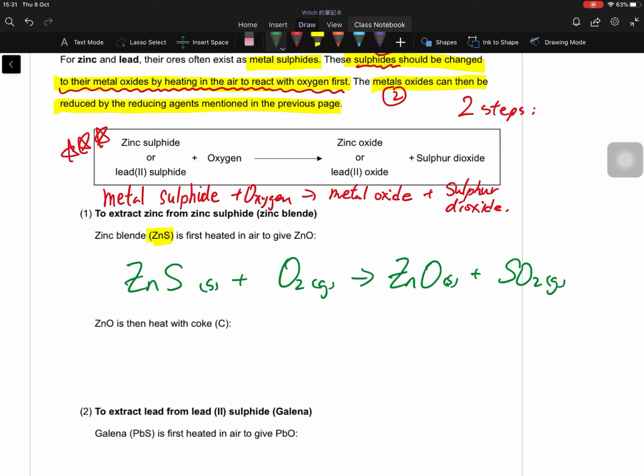From here you can see the number of oxygen is not what we want. On the left hand side we got 2, but on the right hand side we got 3. To balance the number of oxygen, the left hand side should have 3 oxygen atoms, something like this. It looks weird, but it is true, right?